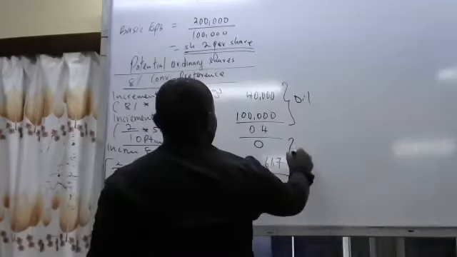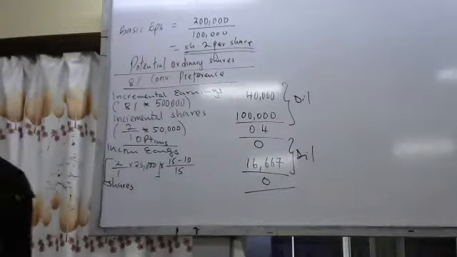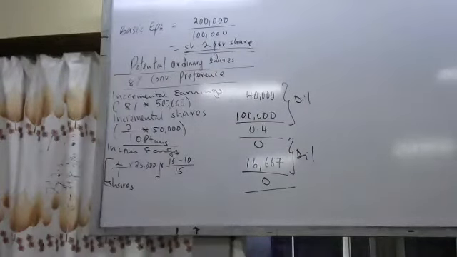So this one is what? Diluted. That one will reduce EPS.